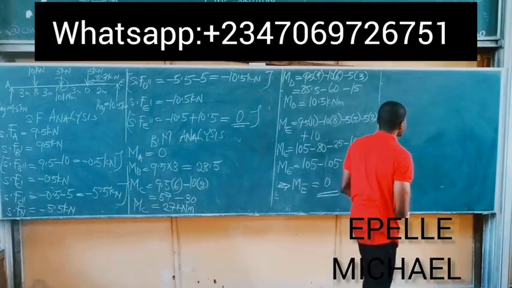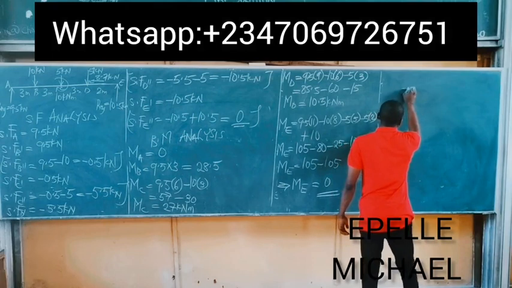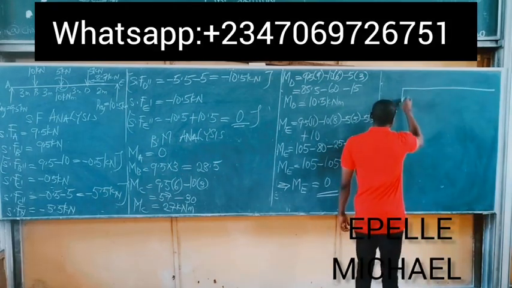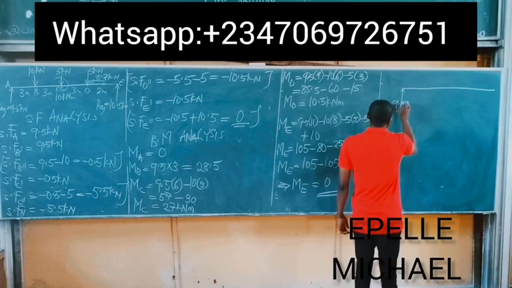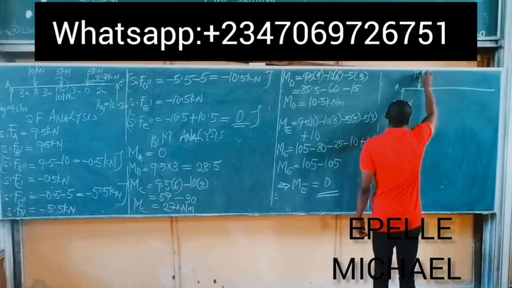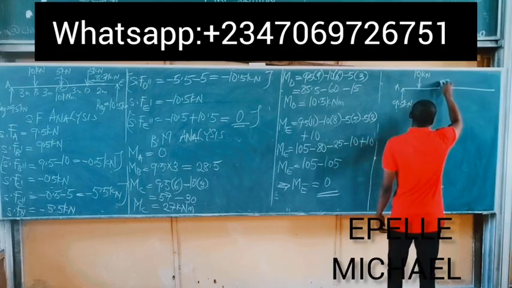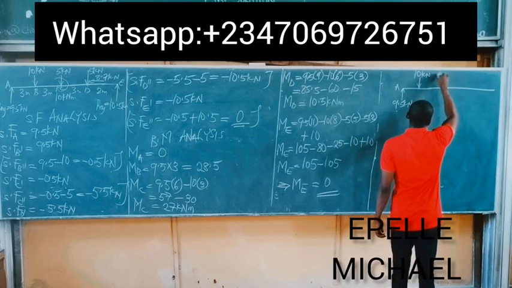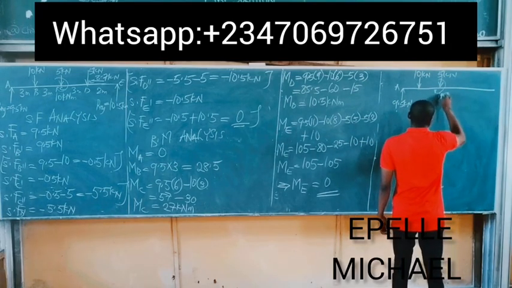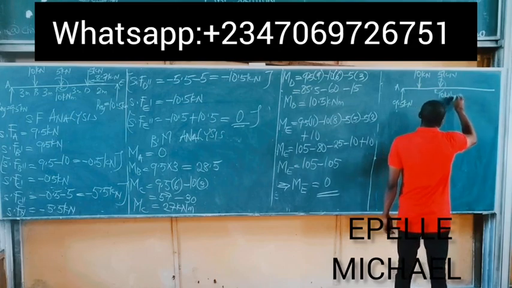Alright, so to draw the diagram, we simply bring back our beam. At point A, we have a 9.5 kilonewtons force. At point B, we have a 10 kilonewtons force. At point C, we also have a 5 kilonewtons force and a couple, not forgetting, of 10 kilonewton meter.